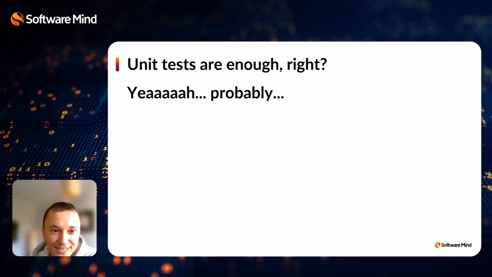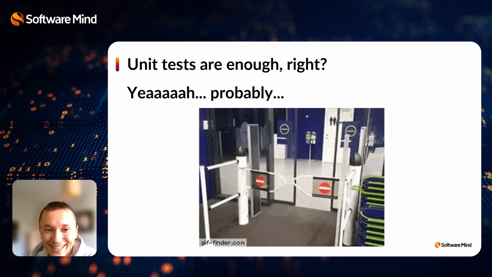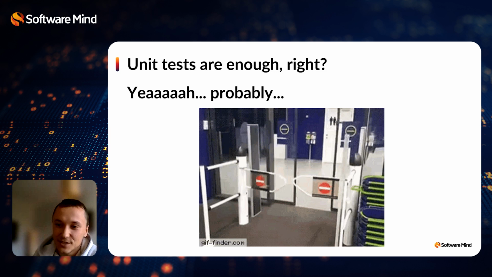And probably, yeah, but, thanks to Mateusz Mlich, who showed this meme in some presentation, it is a perfect visual representation of our problem. We have an automatic door and an automatic gate, and every single one of them works perfectly fine, but together they are not working completely correctly.